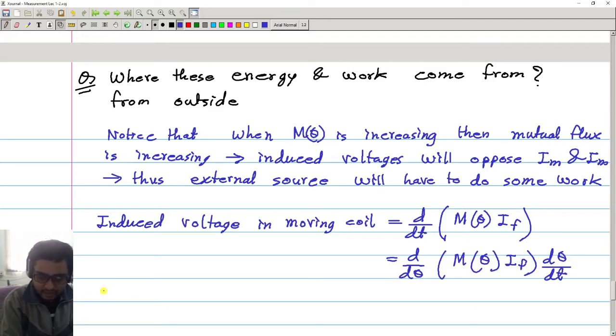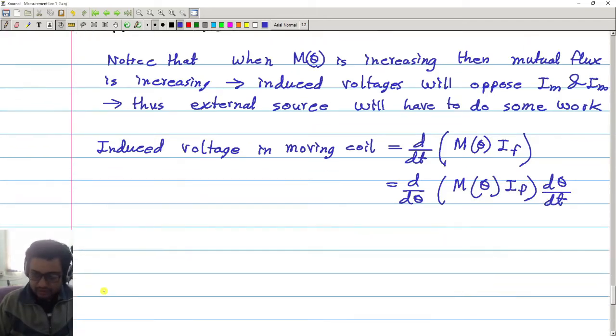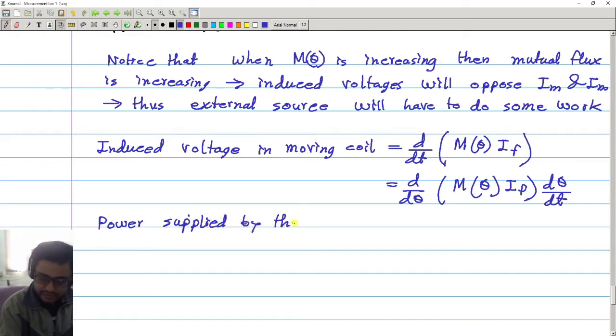And then that means power supplied by the source of Im, the moving coil current. Okay, we are considering the moving coil.